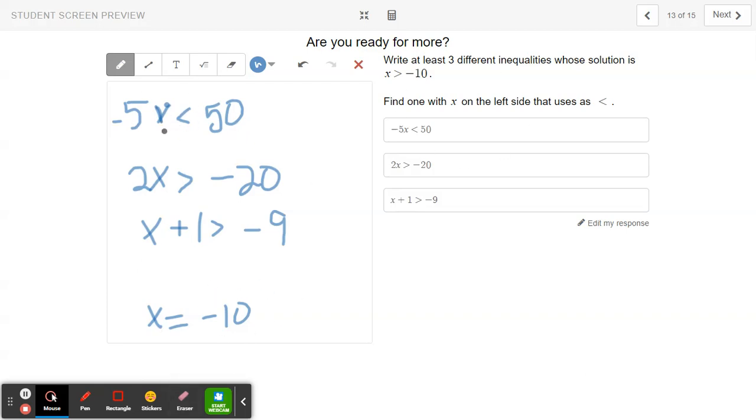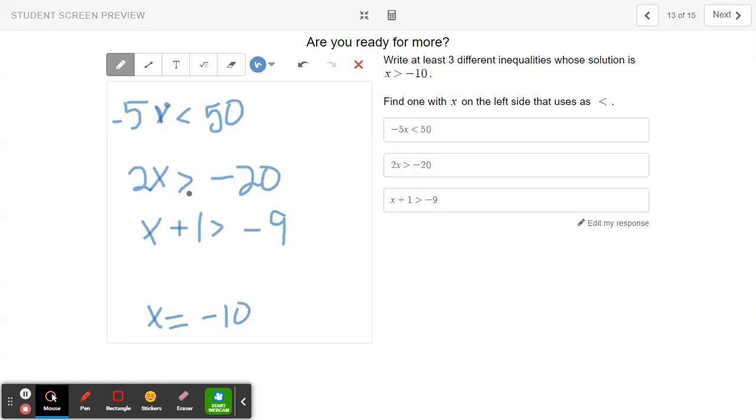So here I did, well, what if x equals negative 9, which would be greater than negative 10, right? So if x is negative 9, that means negative 5 times negative 9 is positive 45. Is positive 45 less than 50? Yes. So that means the answer to this has to be that x has to be greater than negative 10, right?